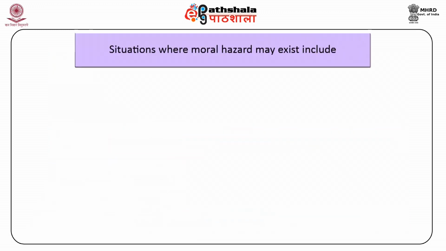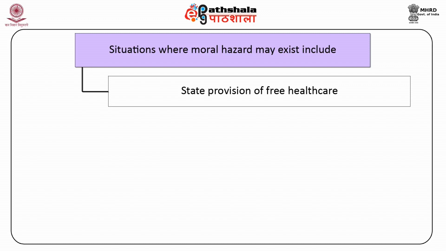Let us look at situations where moral hazard may exist. State provision of free health care may encourage poor individual health care, such as following a poor diet, smoking, or using excessive alcohol.